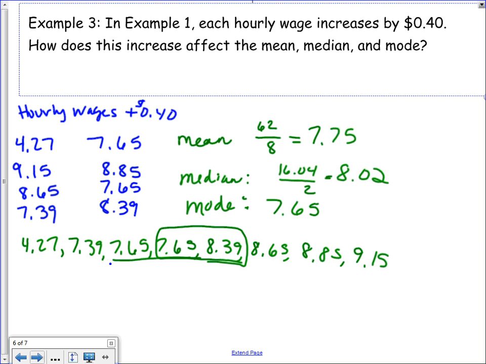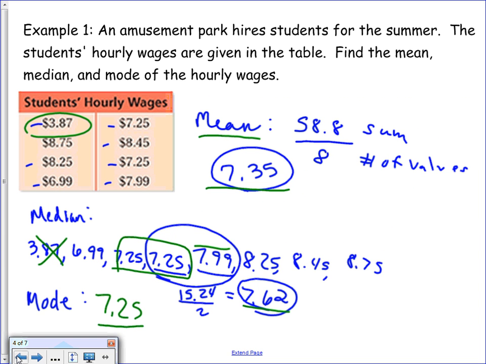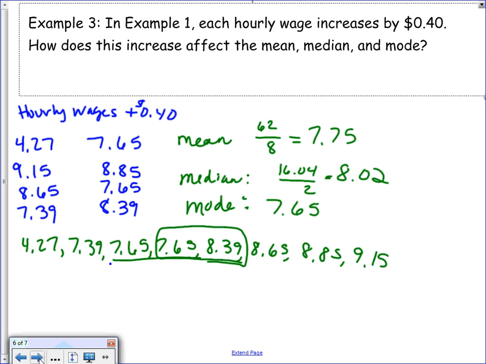Now, how did this increase affect them? Well, if we look at the original, okay, the original mean was 7.35. Okay, now our new mean is 7.75, so the original one was 7.35. So that's a 40 cent increase. Okay.